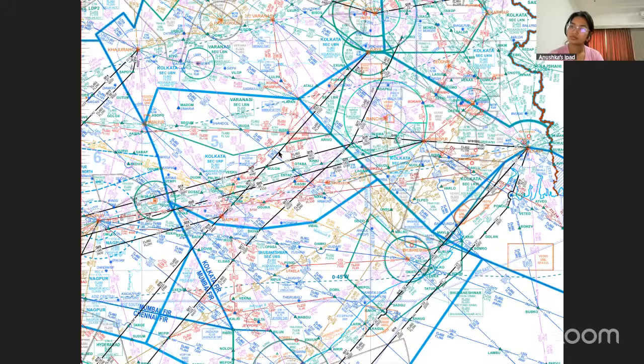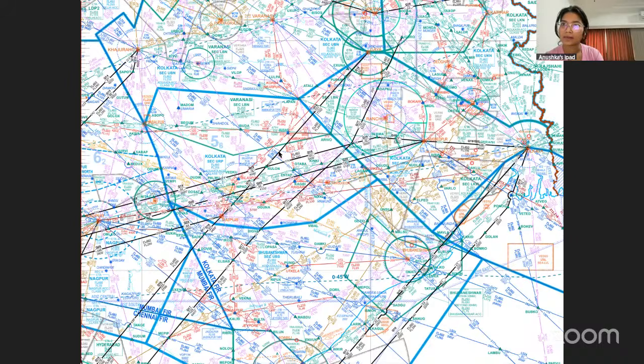Most places you see have circles, circles, circles. There are so many small circles. All these circles are showing us that there are aerodromes there, and these are initial control ranges for those aerodrome traffic controllers specific to that place. And then we can see lines originating from all these circles. Wherever we see, we can see a confluence of lines in the center of each circle.